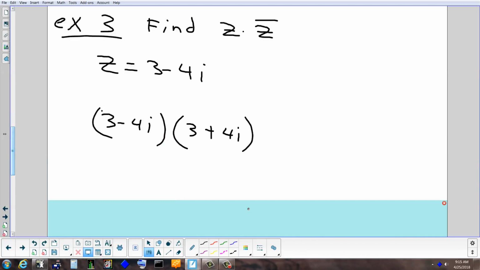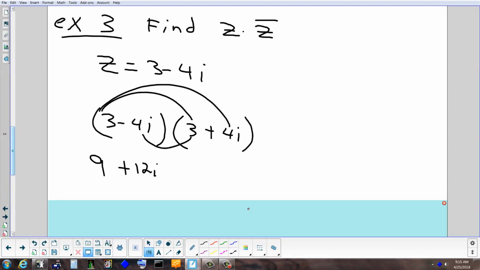So we start 3 times 3. It gives me 9. What's 3 times 4i? 12i. And then what's 3 times negative 4i?